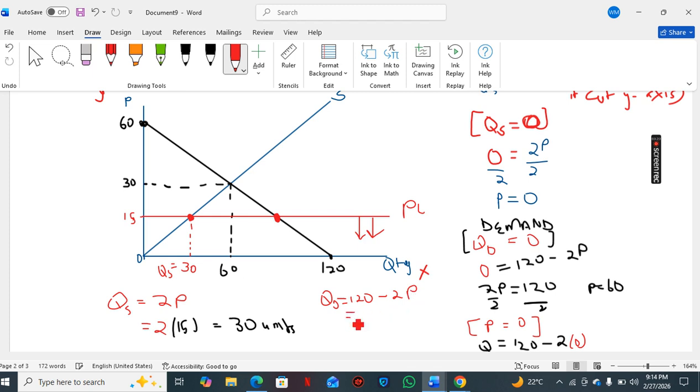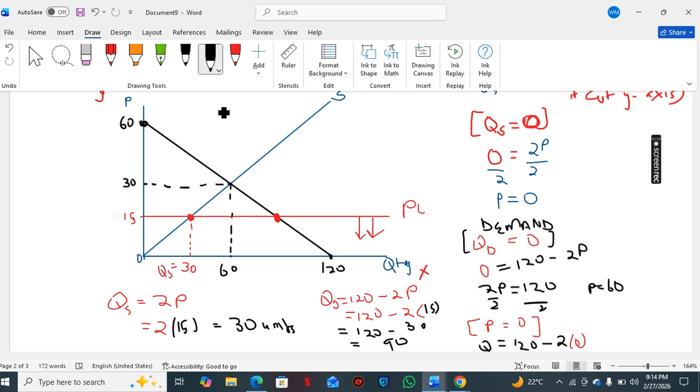So we substitute P with 15: 120 minus 2 times 15. 2 times 15 is 30, so 120 minus 30 will give you 90 units.